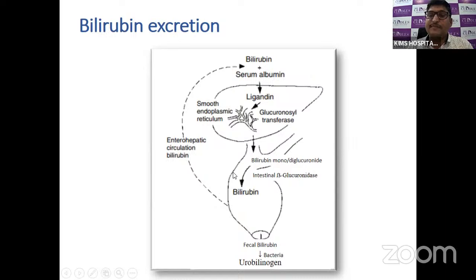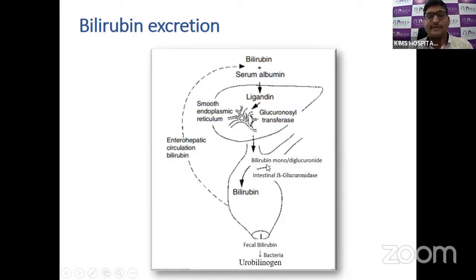Some of the bilirubin gets reabsorbed with the help of enterohepatic circulation. So here the important thing is bilirubin undergoes serial modification in the intestinal lumen with the help of intestinal microbiota. So this is very important.